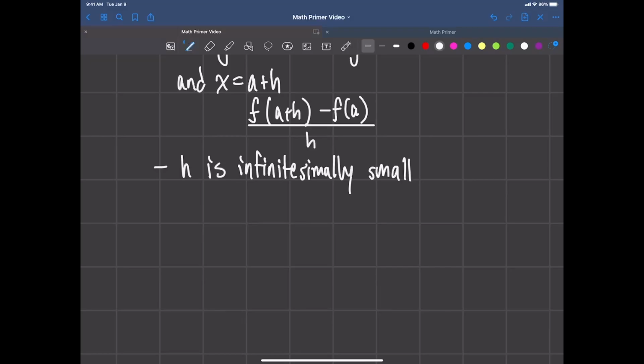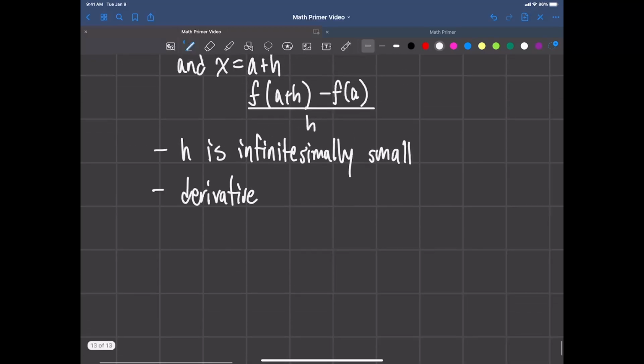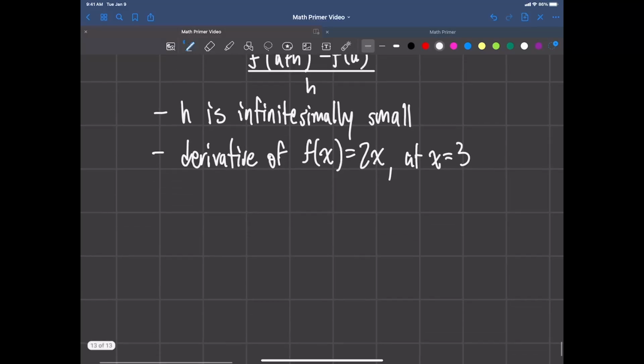For example, let's find the derivative of f of x equals 2x at x equals 3 using the limit definition.